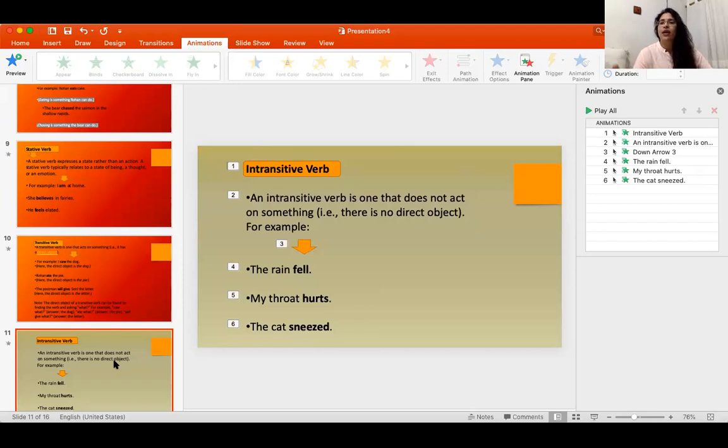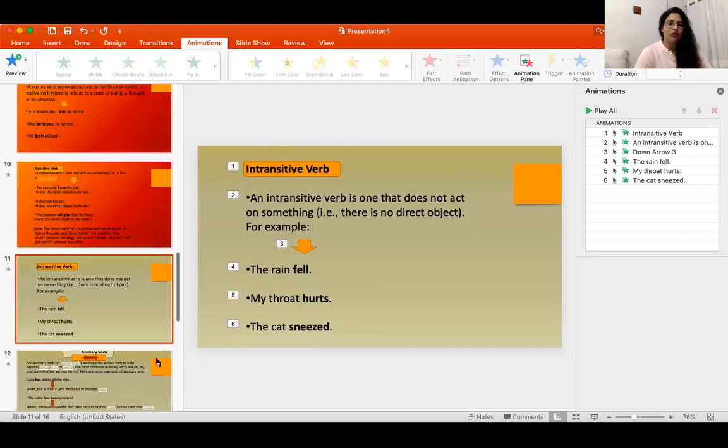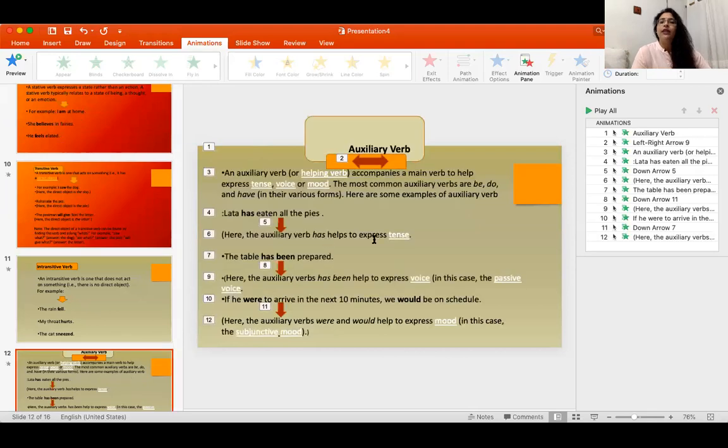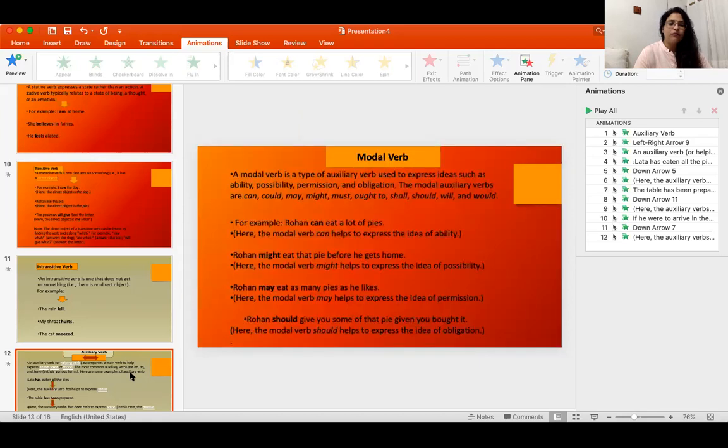When I say rain fell, you cannot question the verb with what or where. Then there are auxiliary verbs, or helping verbs, which help the main verb to express a tense, voice, or a mood, like is, am, are.